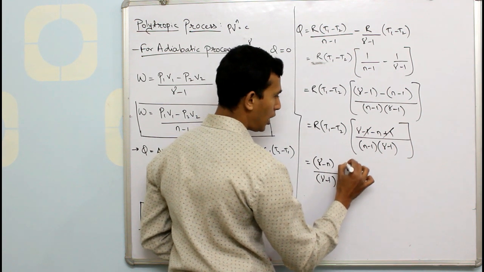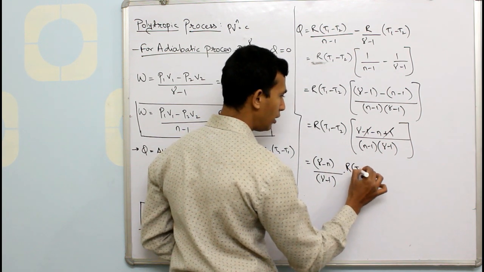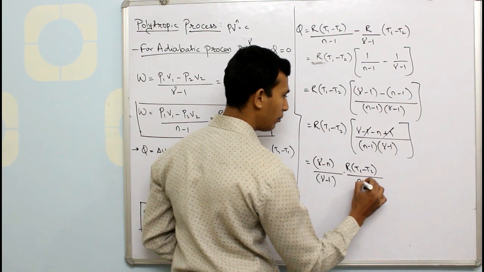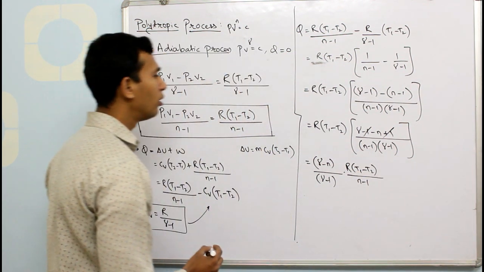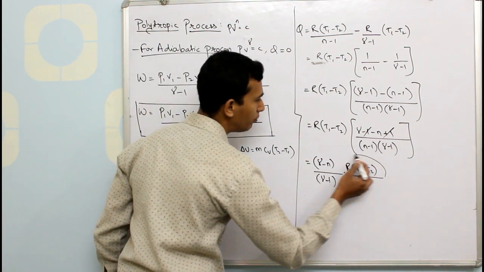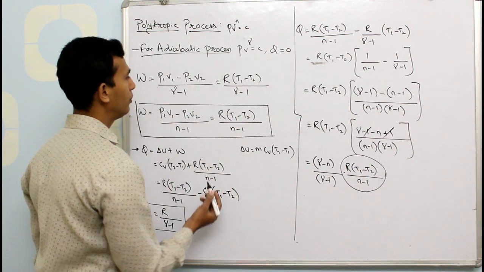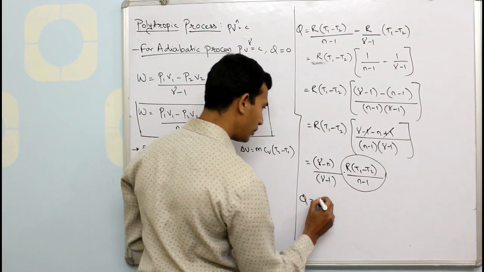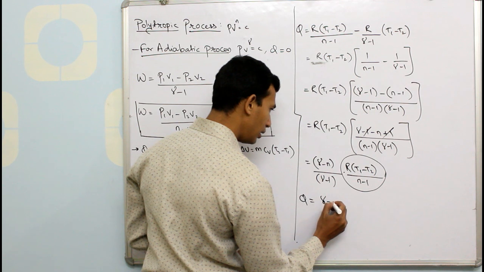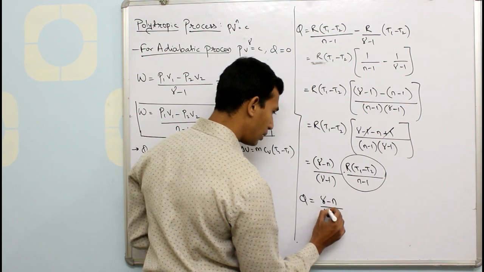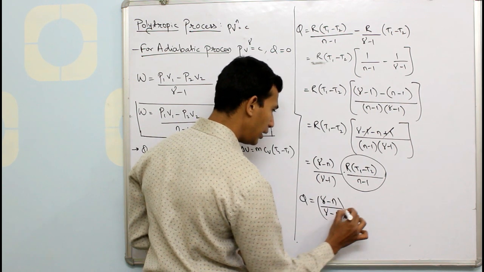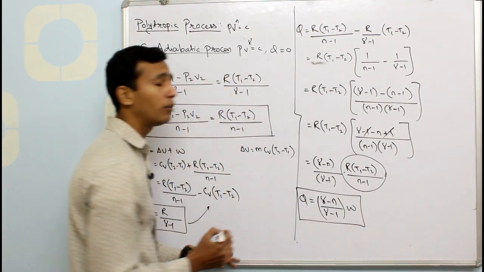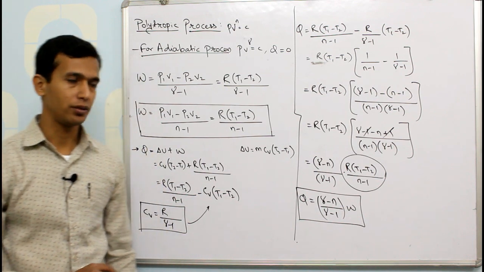Then we have R into bracket T1 minus T2 divided by n minus 1. So this term is nothing but our W. So here Q is nothing but gamma minus n divided by gamma minus 1 into W. So this is the amount of heat supplied during a polytropic process.